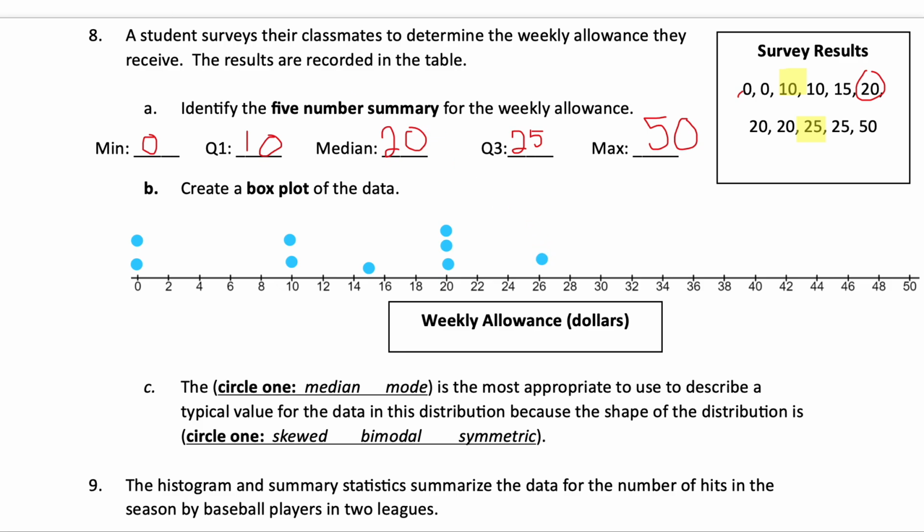Oh, sorry, that was 26. 25 should go between 24 and 26. 1, 2, and then we have one all the way down by 50. Okay.